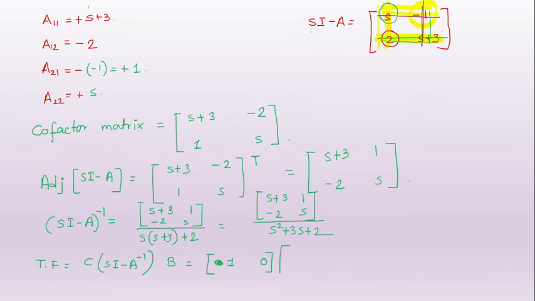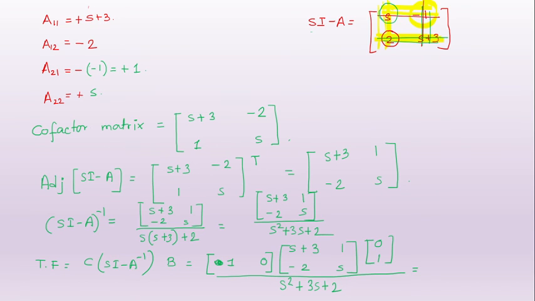We write this S plus 3, 1, minus 2, S matrix, with C as 1 0 and B as 0 1, and we divide by S squared plus 3S plus 2.